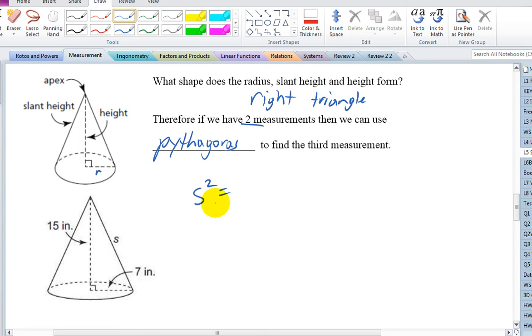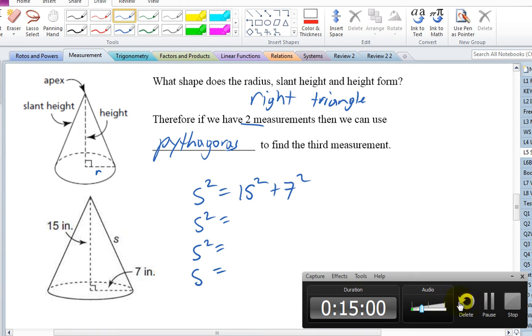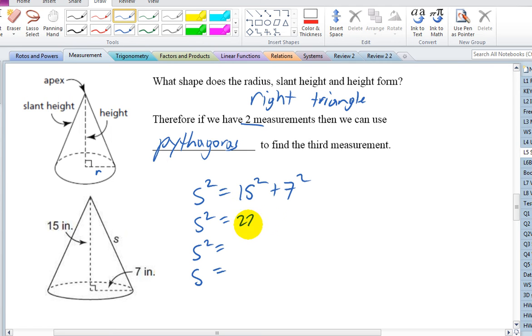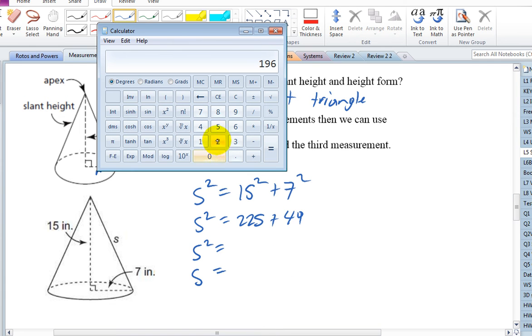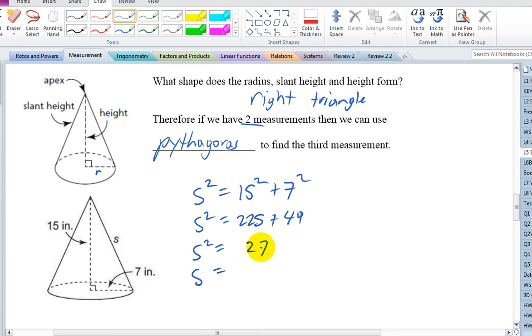Leave it as a radical. Okay, so slant equals square root 274.